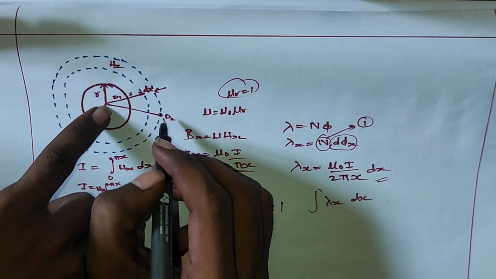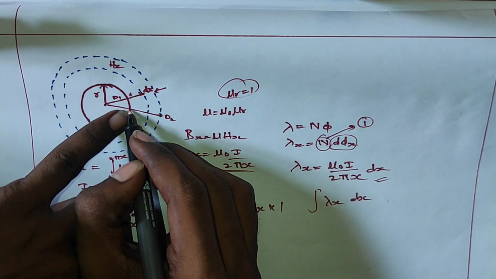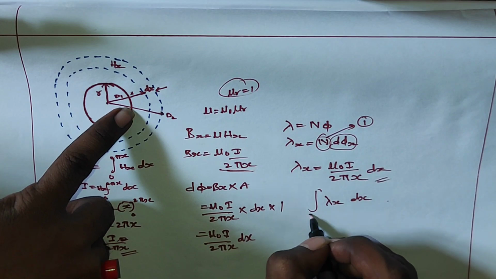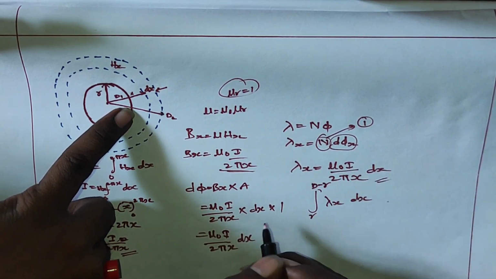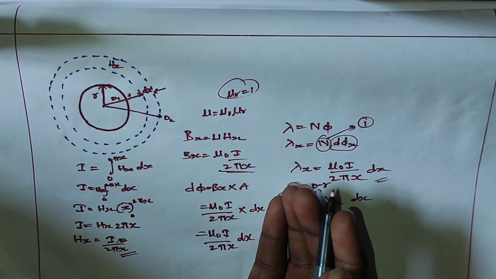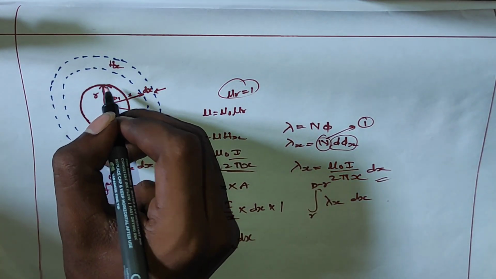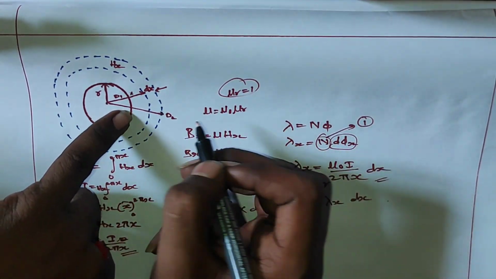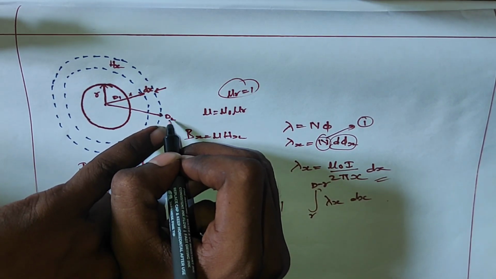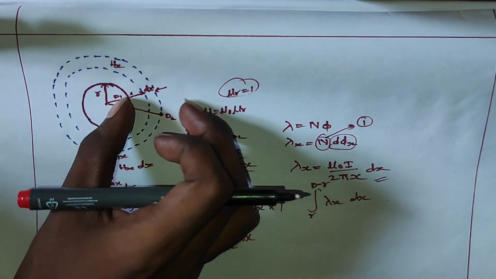So let us call this d2 as d minus r, such that we will have some distance from here to here. Then we will have limits like this from r to d minus r. It means we are calculating the total external flux linkage from the surface of the conductor, that is from point r, to the extreme point of the external atmosphere where our field exists, that is d minus r. Between these 2 points we are determining the flux linkage.